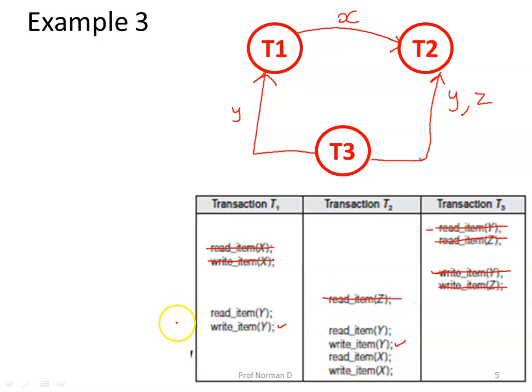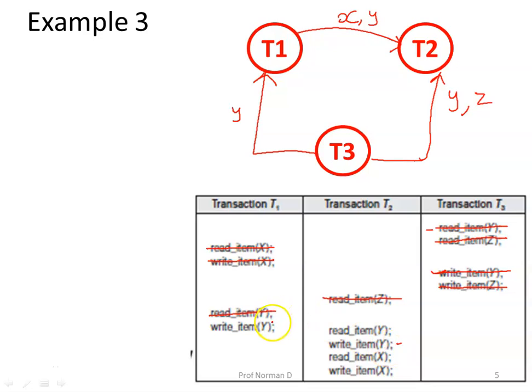Next is read item Y. So read item Y is having a conflict with write item Y. So we draw an edge from T1 to T2 on data item Y. Next instruction is from T1, write item Y, which is having a conflict with write item Y from T2.